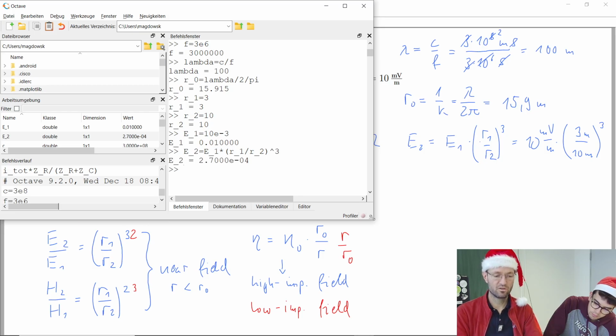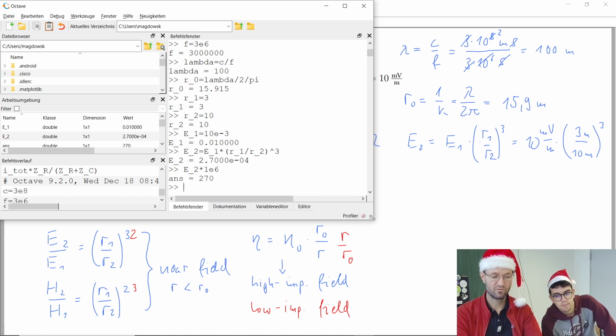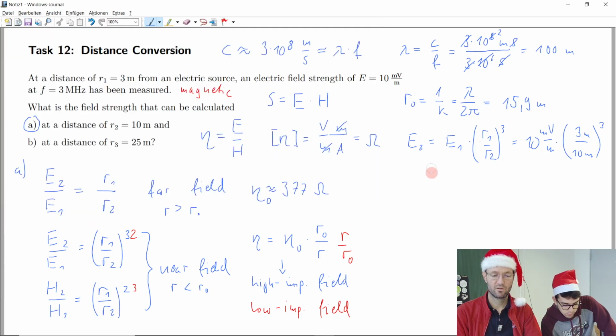And so we get something smaller. If I take this and maybe multiply it with 10 to the power of 6, then we get 270 microvolts per meter. Okay, this is the field strength at this distance.